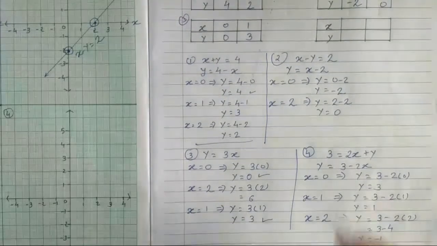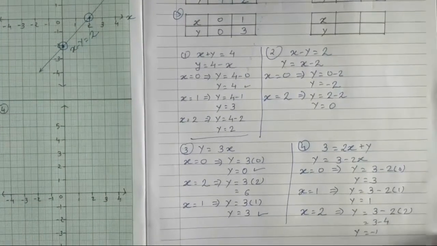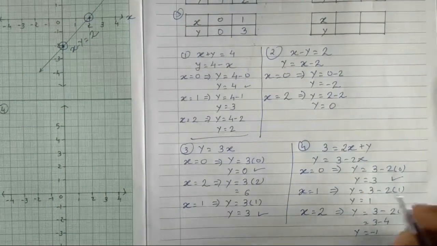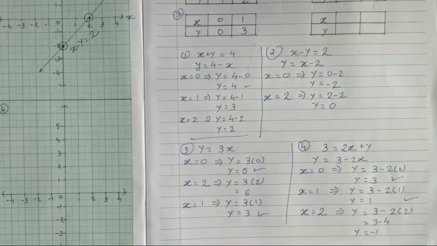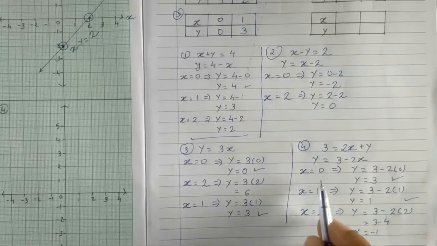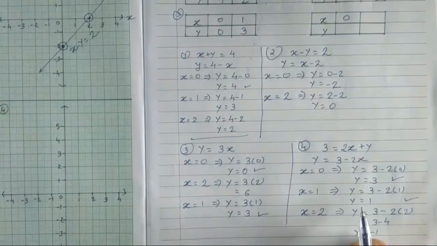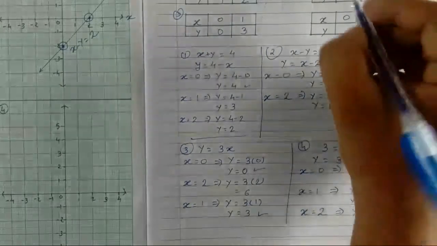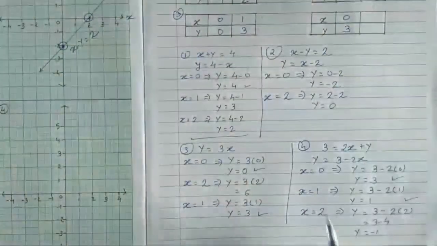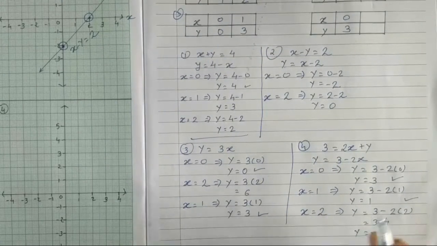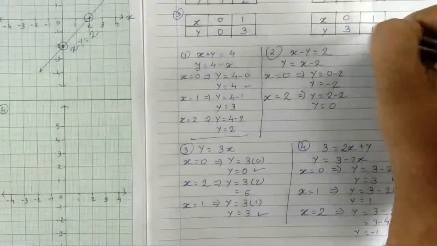Okay. So in this equation, I will take two coordinates, x is equal to 0 and x is equal to 1. Okay. So write down, when x is equal to 0, at that time the value of y is equal to 3. When x is equal to 1, at that time the value of y is equal to 1.